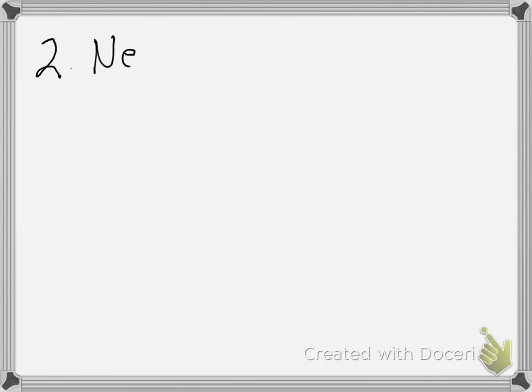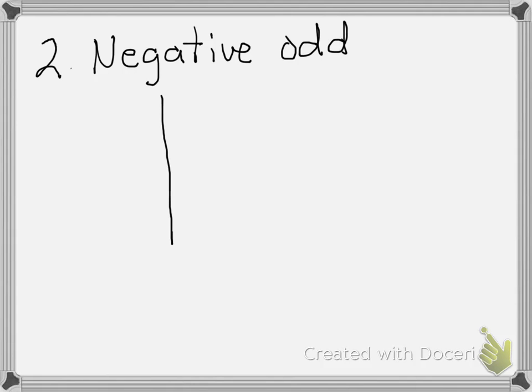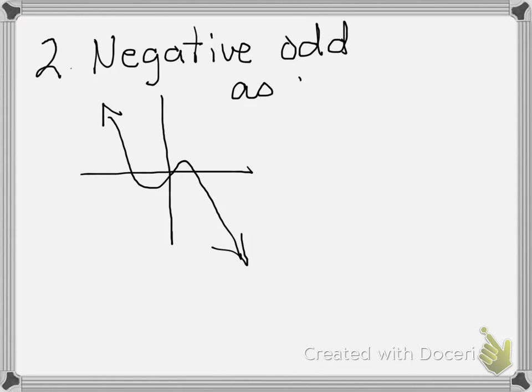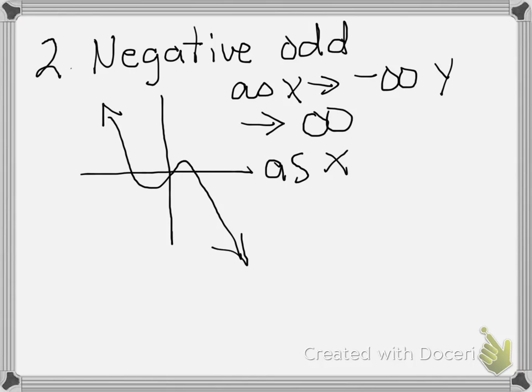Okay, the next possibility is that it's negative and odd. And what that does is it turns it around. So as x approaches negative infinity, then y approaches infinity, and as x approaches infinity, then y approaches negative infinity. So we flip it across the y-axis.